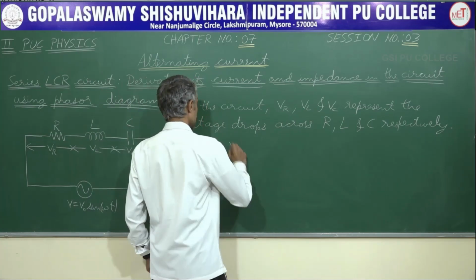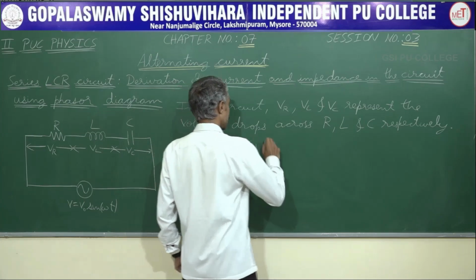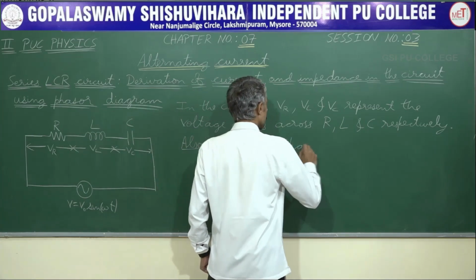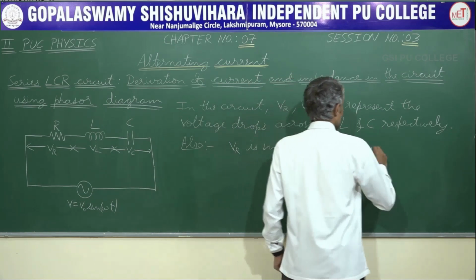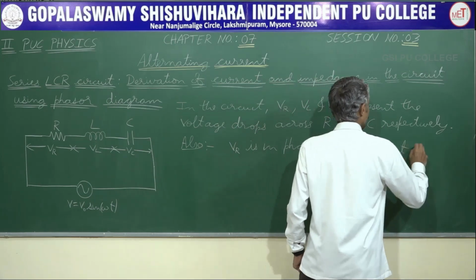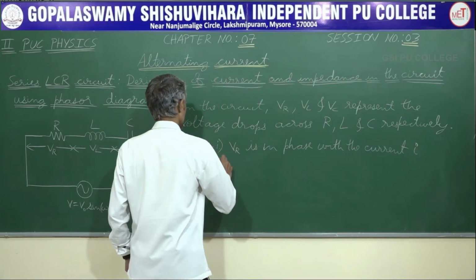Also, what we know is the voltage across the resistor is in phase with the current I in the circuit. This is the first thing.